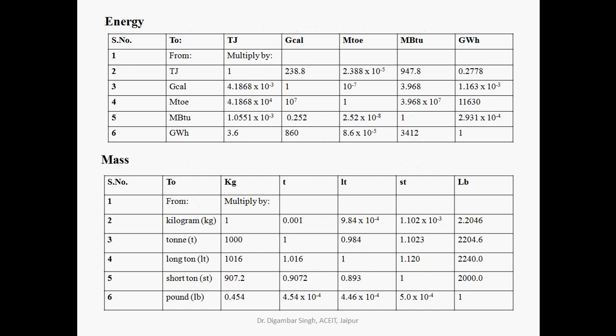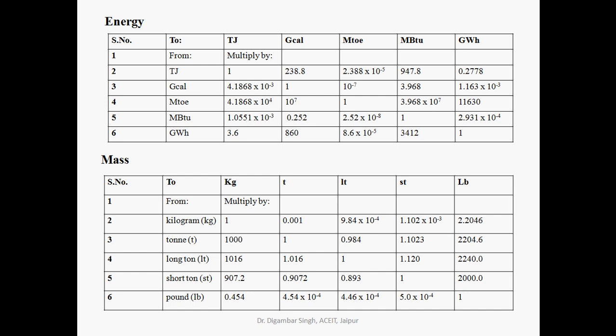So these are the energy units, from MBTU, gigawatt 3.6, and 860, and MTOE, megatons, megawatt, thermal unit, gigawatt, and this type of unit is energy, and also mass, multiplied by kilogram, multiplied by 1.